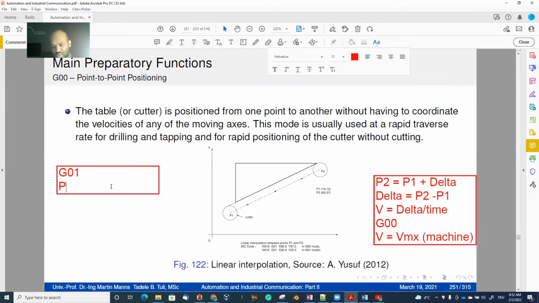So this time P2 is the same thing, P1 plus delta, but this delta is velocity times time, right?